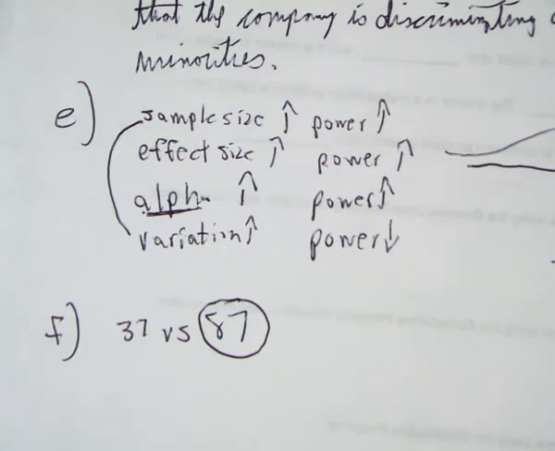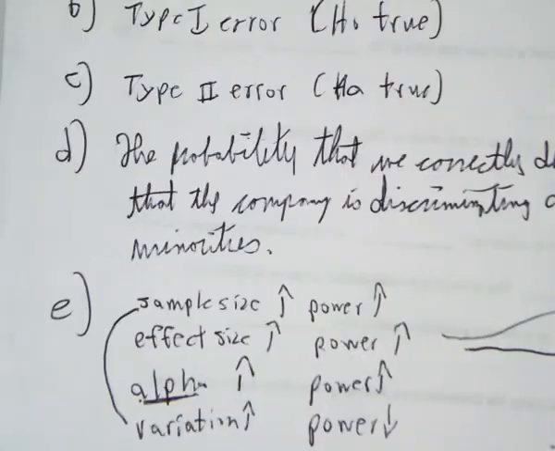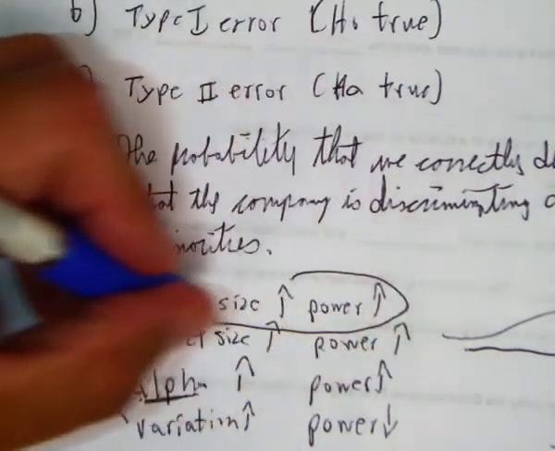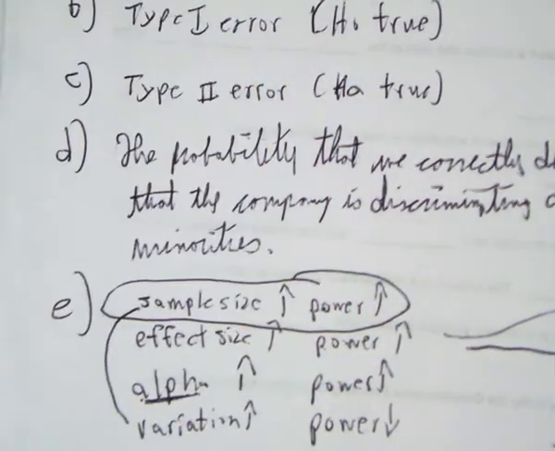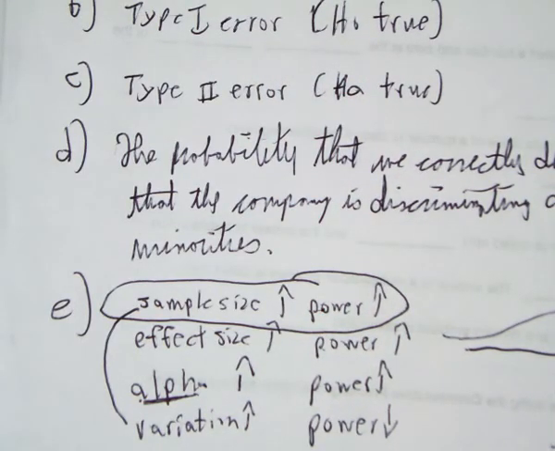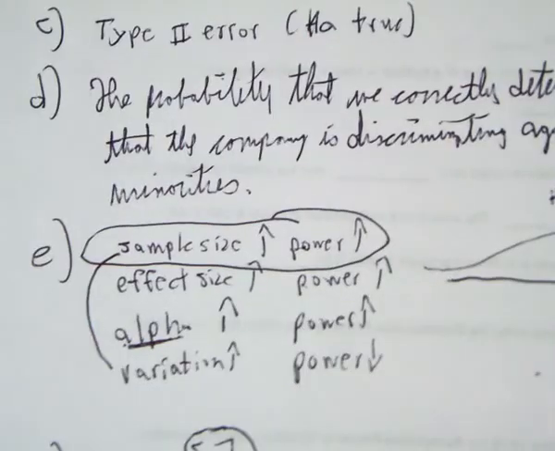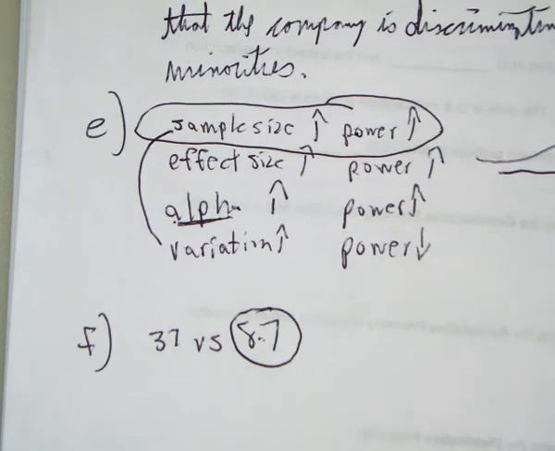The defendant is guilty and we're trying to convict them. If we have more evidence, we're more likely to convict them. So if sample size is larger, the power of the test is going to be higher. Our power would be greater with a sample size of 87.